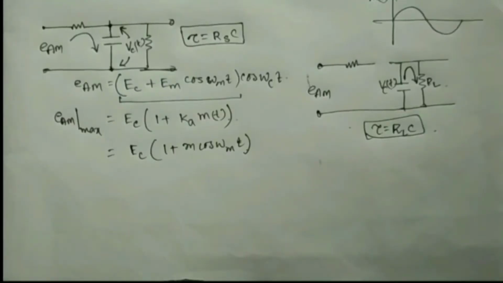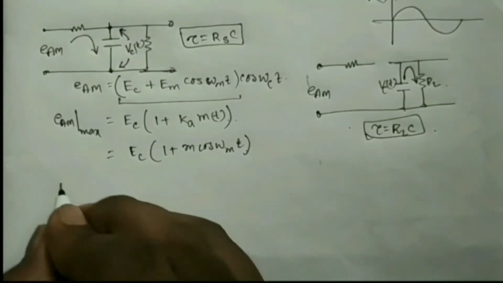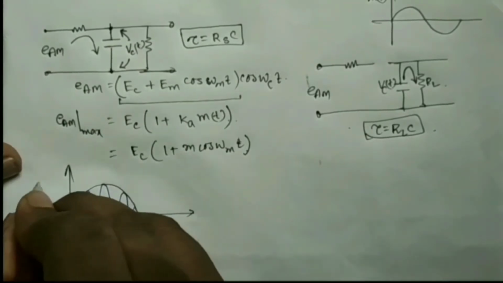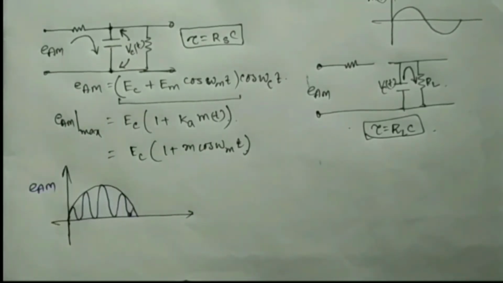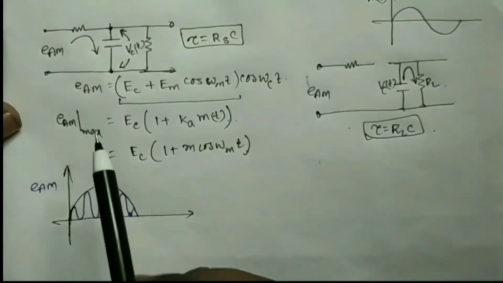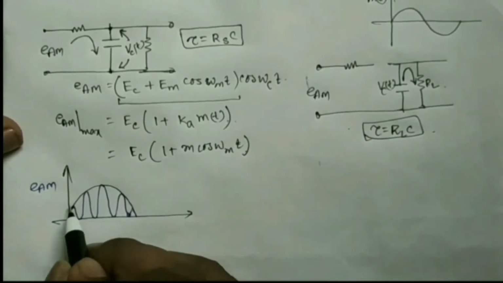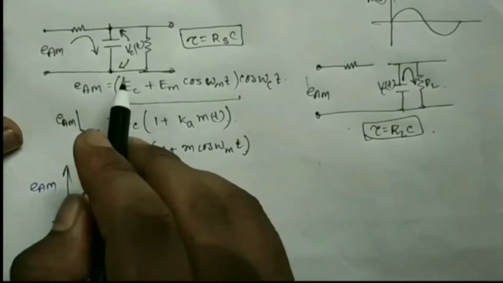To understand the working of the low pass filter here, let us take a simple signal. Suppose this is EAM. Initially the voltage across the capacitor is 0, so the capacitor will get charged with this signal. Then at this point it reaches the maximum value at this point of time t.